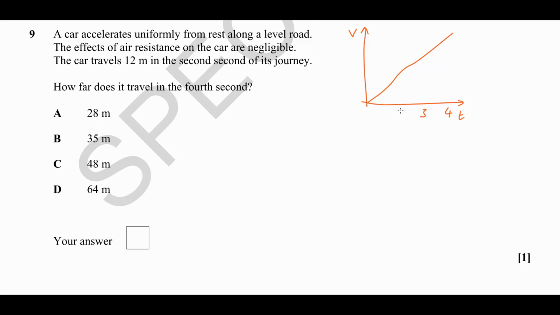So let's mark on the other seconds and divide up our journey into seconds. Now, we know that in the second second, it travels 12 meters. And we want to find out how far it travels in the fourth second: first, second, third, fourth second.